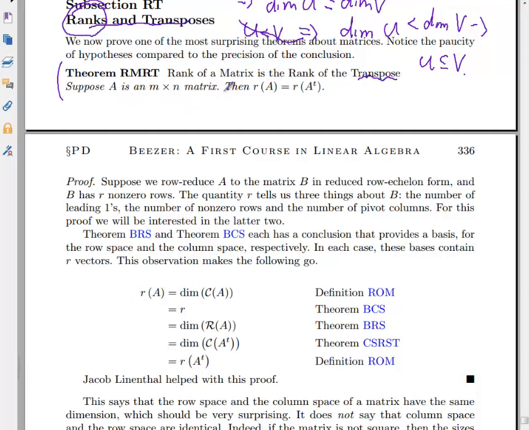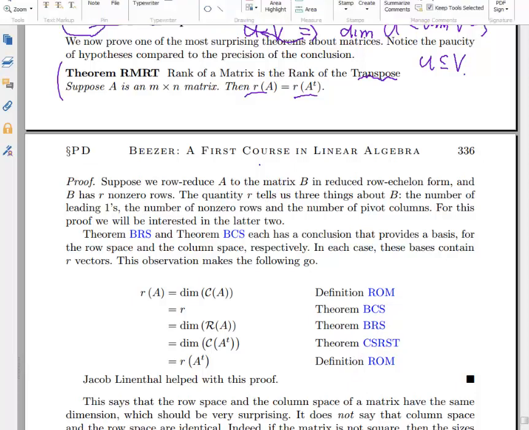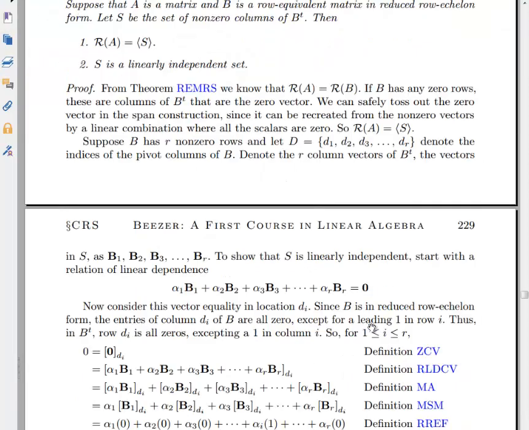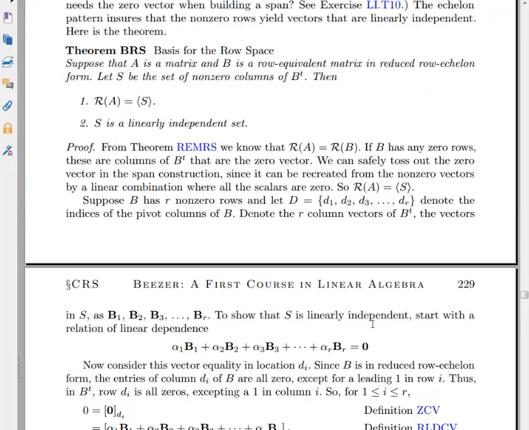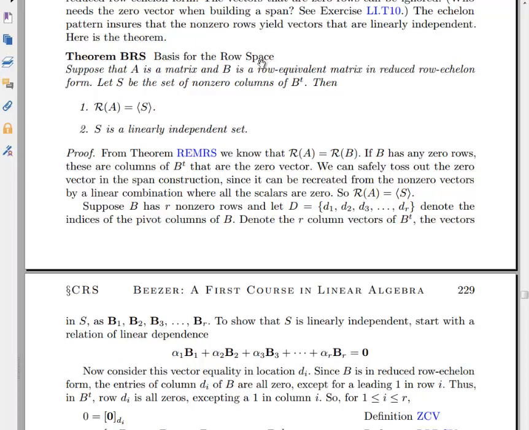Okay, so we have this result. This really shouldn't be so surprising, because we have this theorem BRS, which I'm going to go back to. And this talks about a basis for a row space.